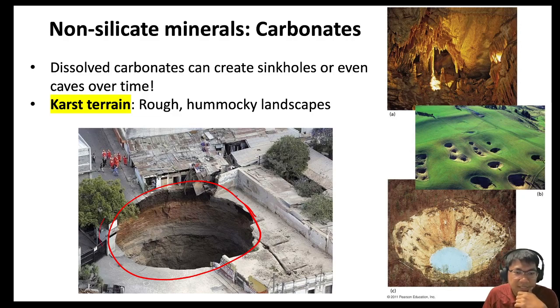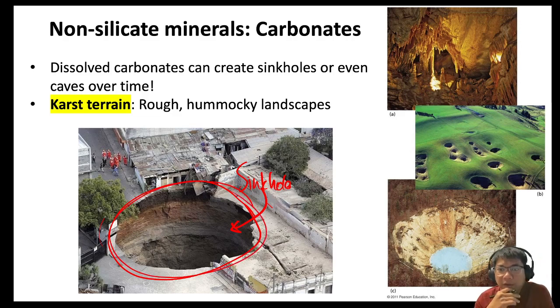In this case it is a sinkhole. Now this happens because of the dissolution of carbonate minerals that may underlie this region. These carbonate minerals reacted with water, and become weak and produce these holes on the ground.